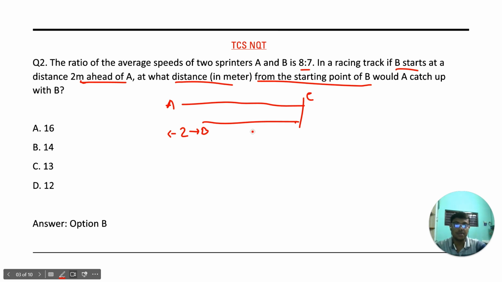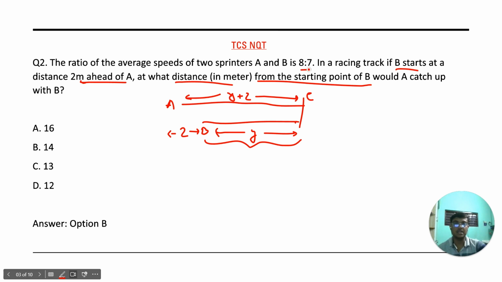Also, let the distance from B to C be y meters. So the distance of A to C becomes y plus 2 meters. Now, we need to find the distance between B and the meeting point C, where A would catch up with B.